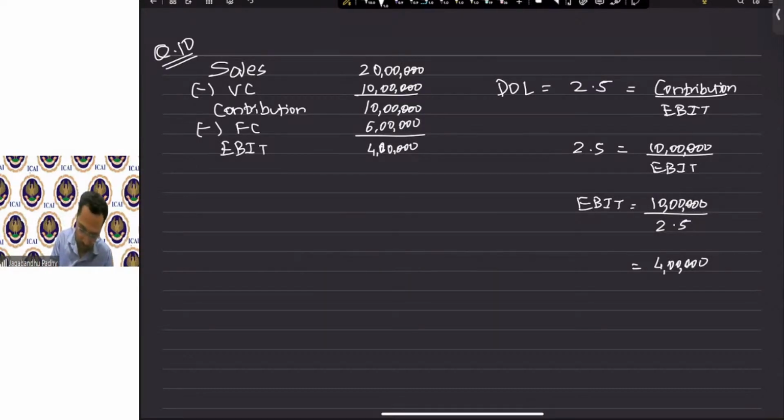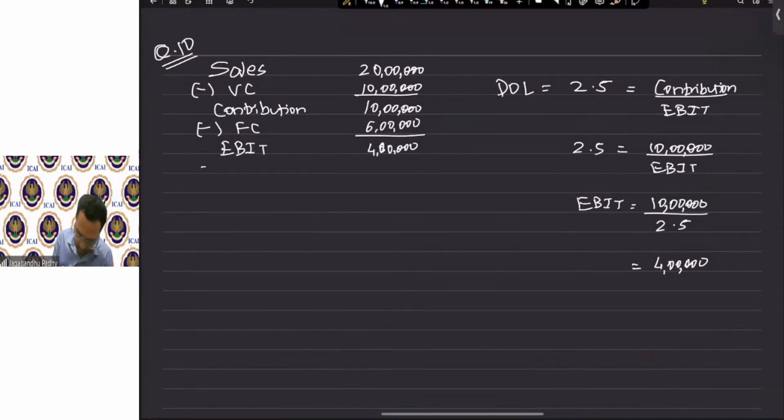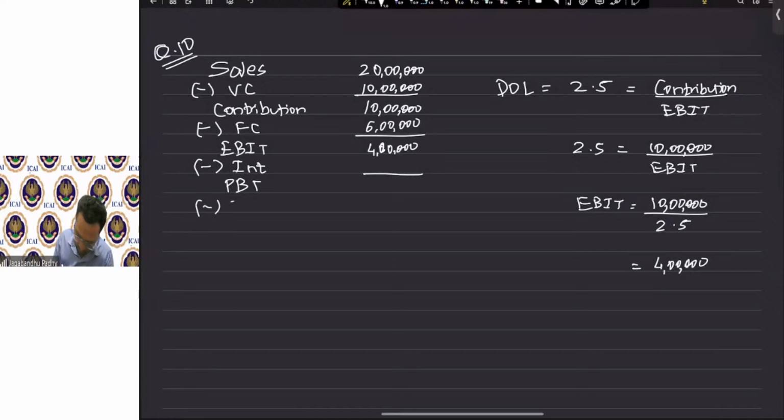Okay. So next part is the company does not have any preference shares. The number of equity shares are 1 lakh. Let us subtract from this; rest is profit before tax. Tax rate is also given. Tax will give us profit after tax.